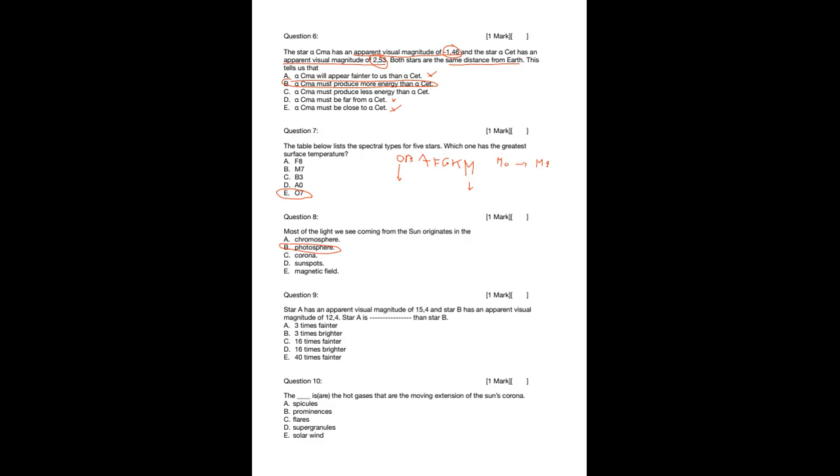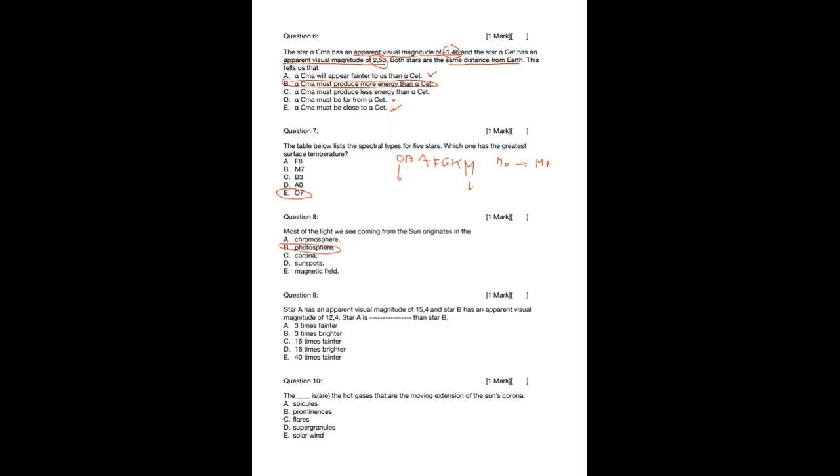Then question 9, a hint, because there are so few people in class, I can give this hint. This is a type of question that I like to ask, if you catch my drift. Star A has an apparent visual magnitude of 15.4, and star B has an apparent visual magnitude of 12.4. This means star A is what then star B?